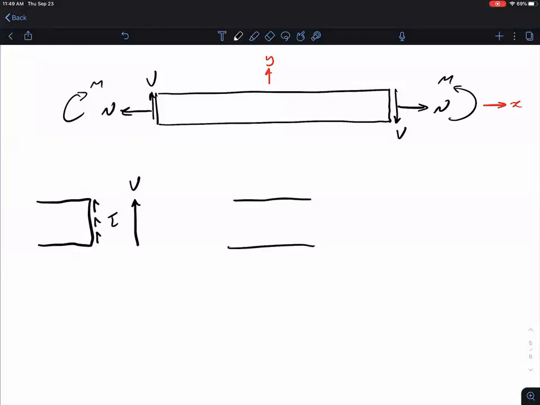Similarly, we can look at another cross-section where we have some variation in axial stresses over the face of the cross-section, and the resultant of those axial stresses can produce a bending moment depending on the variation.